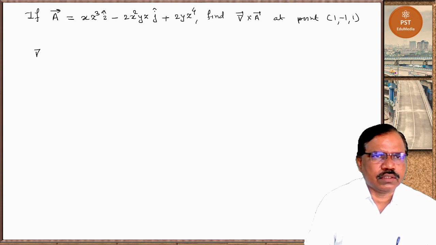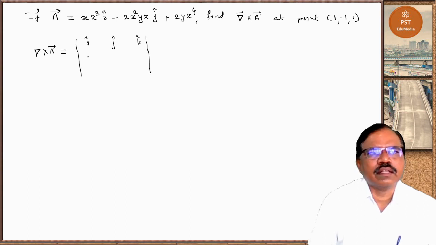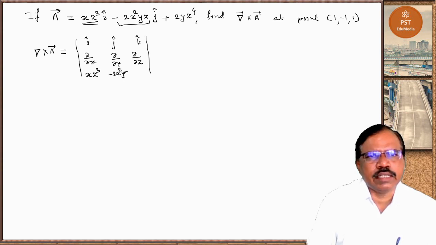So del cross A will be equal to the determinant of i, j, k; del by del x, del by del y, del by del z; Ax, Ay, Az. Ax is x z cube, Ay is minus 2 x square y z, and Az is 2 y z raised to 4.